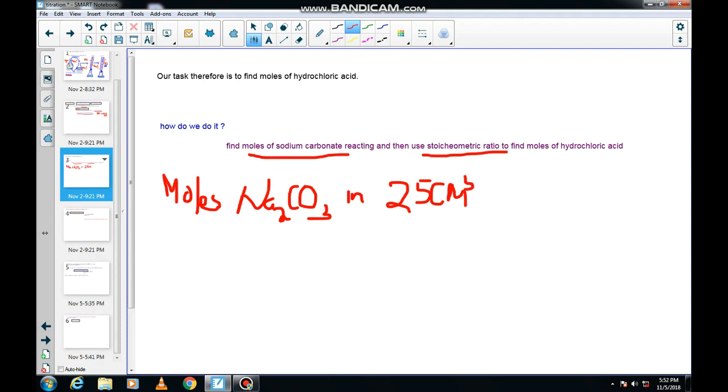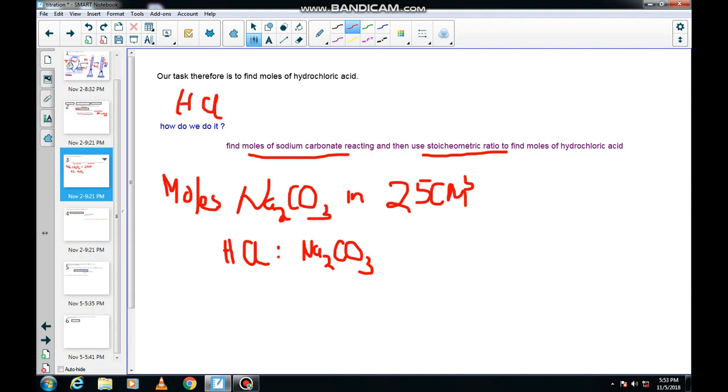Then we can easily apply the stoichiometric formula according to the reaction equation.